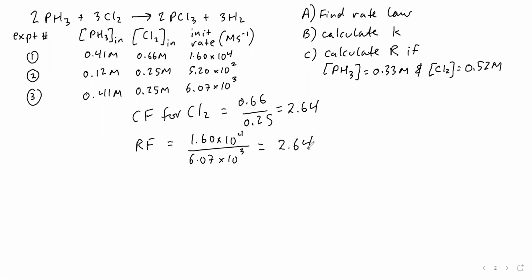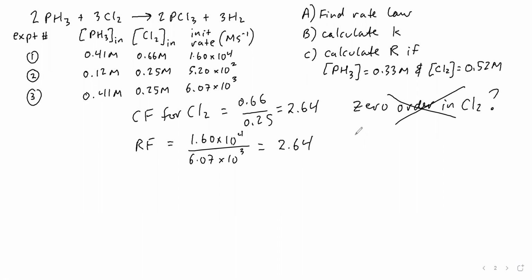So thinking about our conclusions carefully, if it were zero order, then as the concentration changed, the rate would have stayed the same. So is it zero order? No. If it's first order with respect to Cl2, then the rate factor and the concentration factor for Cl2 would be equal.